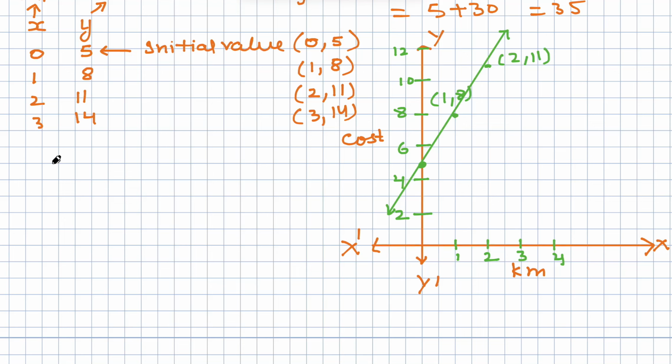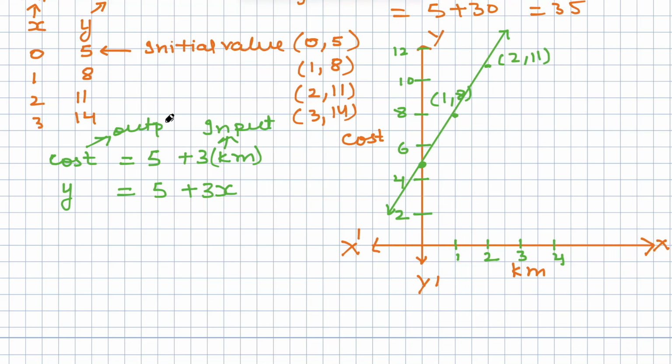Now let's learn some new terms. My equation is: y, or cost, is equal to the initial fixed value plus 3 times the kilometers traveled. Because this is the input and that is the output, I can say y is equal to 5 plus 3x, where x is the input. This is the input, like it is her wish how much she wants to travel, how far her friend's house is from her house, and that is the output.